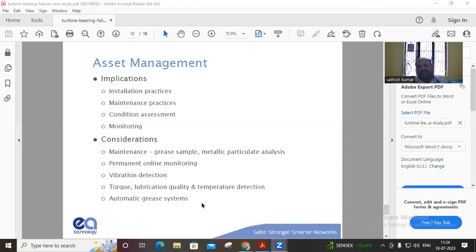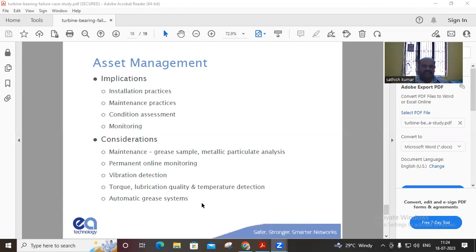We have taken a company called EA Technology where the ball bearings are manufactured for windmills, and there is a problem in the turbine which is used for generation of electricity. So in the turbine, we have a lot of defects with the ball bearings due to improper lubrication.